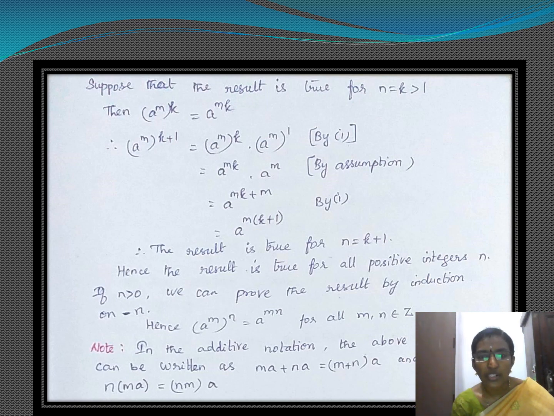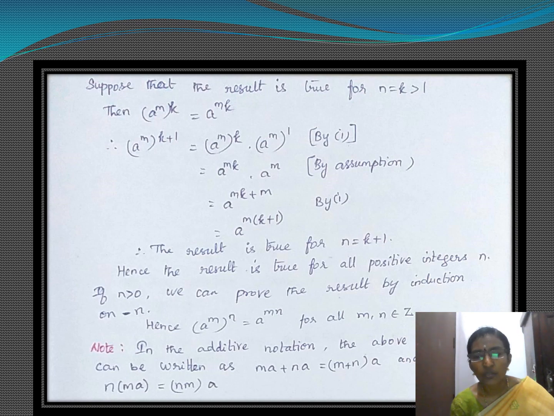That is a^(mk) into a^m, by the previous one, that is the first part, a^(mk+m), which is equal to a^(m(k+1)). Therefore, the result is true for n equal to k plus 1. Hence, the result is true for all positive integers n.